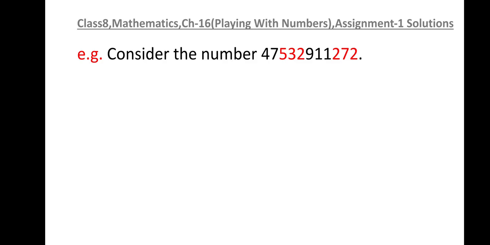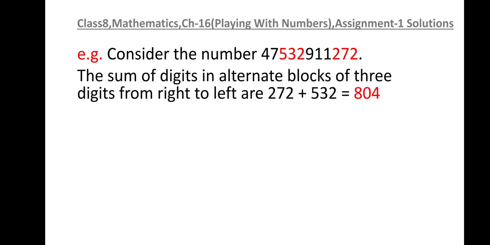So I have made the numbers in red, which are in one block, and the numbers in black are in another block. So the sums of the digits in alternate blocks of 3 digits from right to left are 272 plus 532, that is equal to 804, and 911 plus 47 is equal to 958.